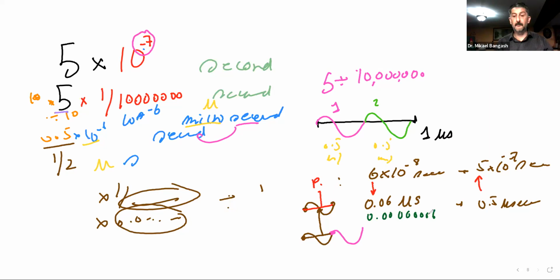It becomes the same. The remaining decimal numbers mean there's going to be a difference between the micro, which was 6, and 8. All the same applies here.